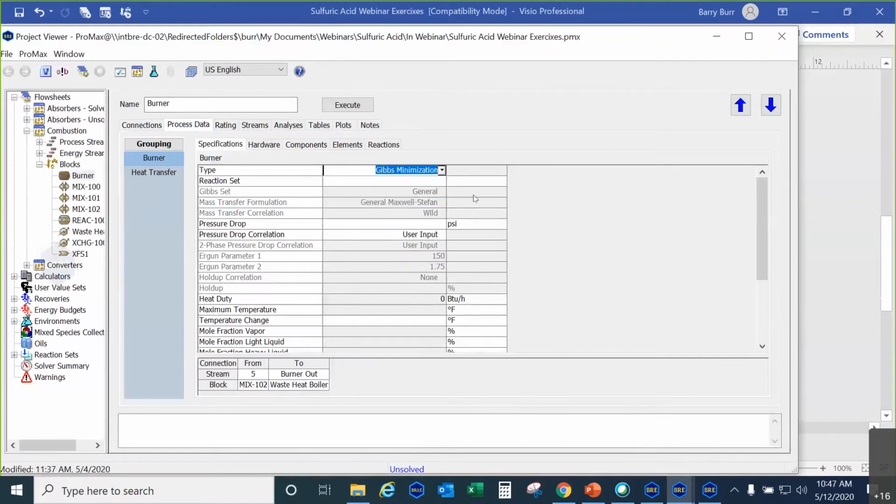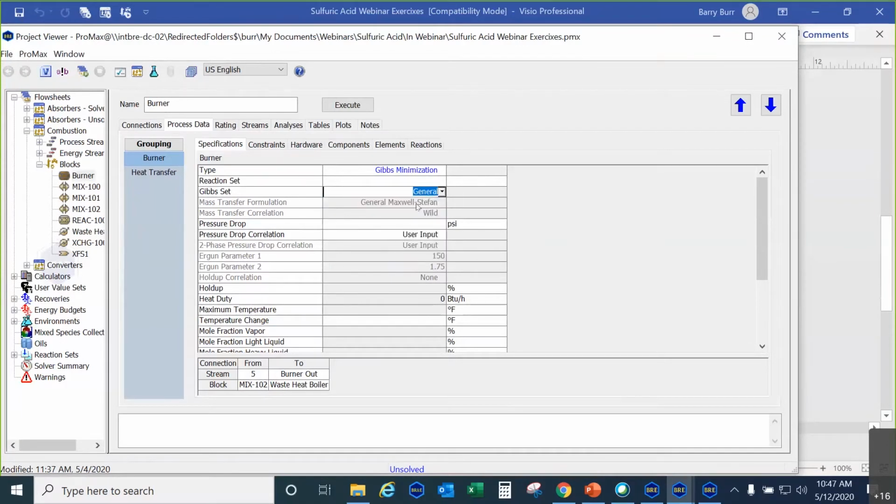And after you set a reactor type to Gibbs minimization, then you're prompted to choose a Gibbs set. And we have a lot of these Gibbs sets that are predefined sets of components to use and constraints of different types. And they are almost all related to sulfur recovery units.